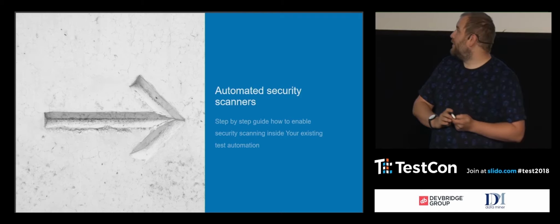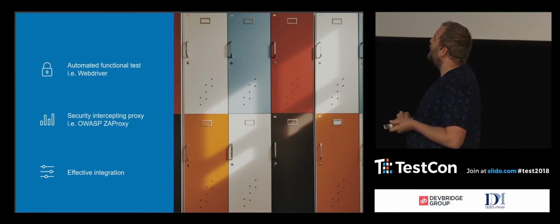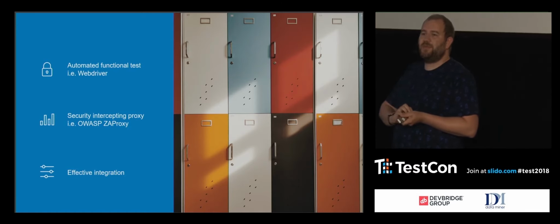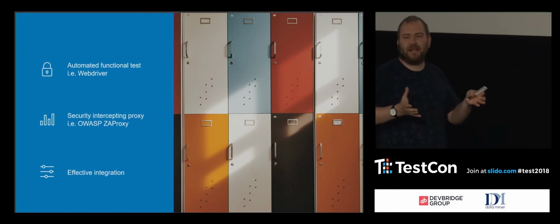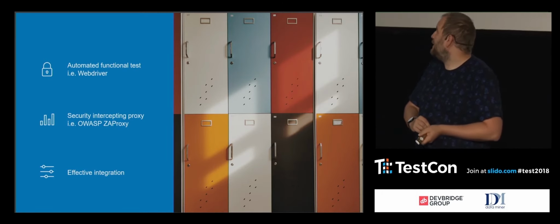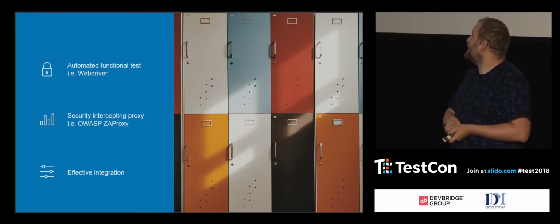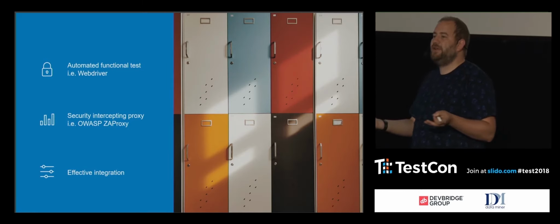And yeah, so what we did: we already had some automated functional testing in WebDriver, so we had functional regression done through WebDriver automation. We decided to investigate OWASP ZAP because it was freeware.